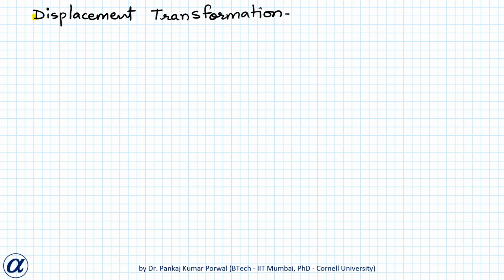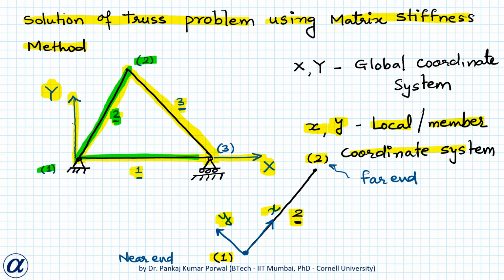Next concept is displacement transformation. Here note that the local coordinate system for all the members will be aligned in different orientations. So when we combine the nodal forces and displacements for different members at nodes, we have to write all the quantities in a consistent coordinate system, and for that purpose we need a coordinate system which we call the global coordinate system, which is the same for all the members.